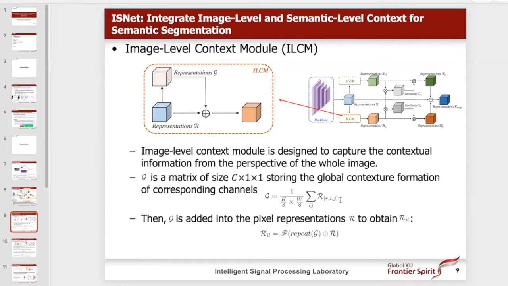He didn't mention. Could you repeat that again? I didn't follow what you said. As far as I understand, I think the star represents the elements of a matrix. The IJ represents the spatial elements.